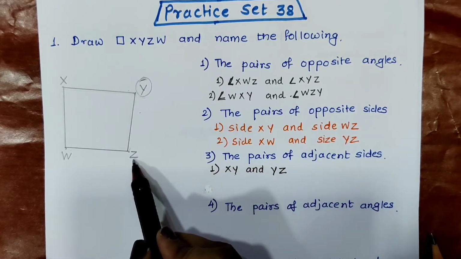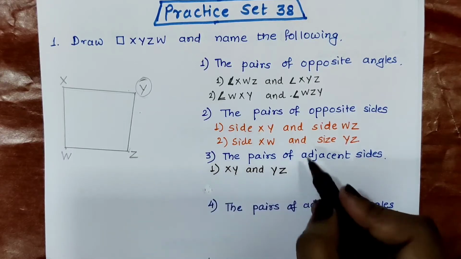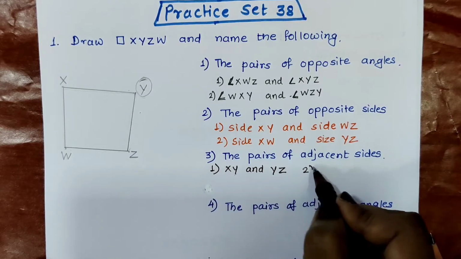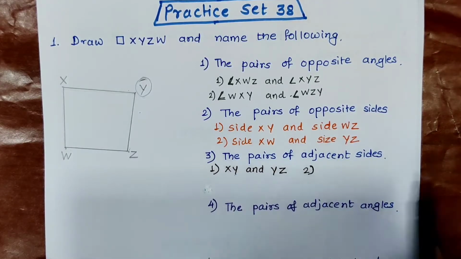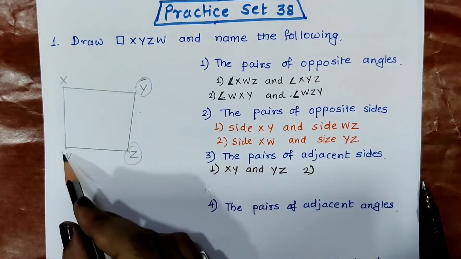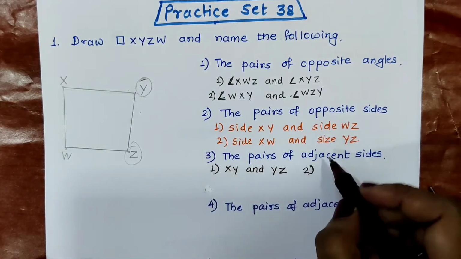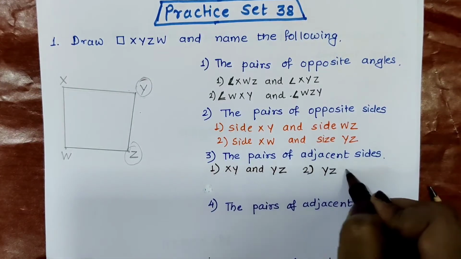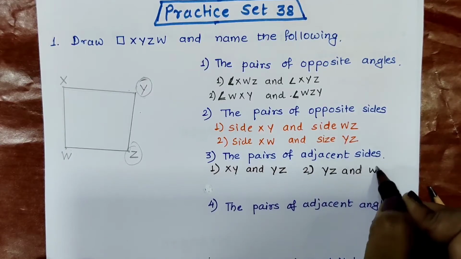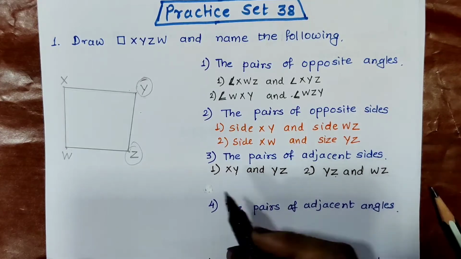Now if you write two sides taking Z as the common vertex, which will be those two sides? Second pair: ZY and ZW, or YZ and WZ. You can write anything. We can see this Z is the common point in both these sides.